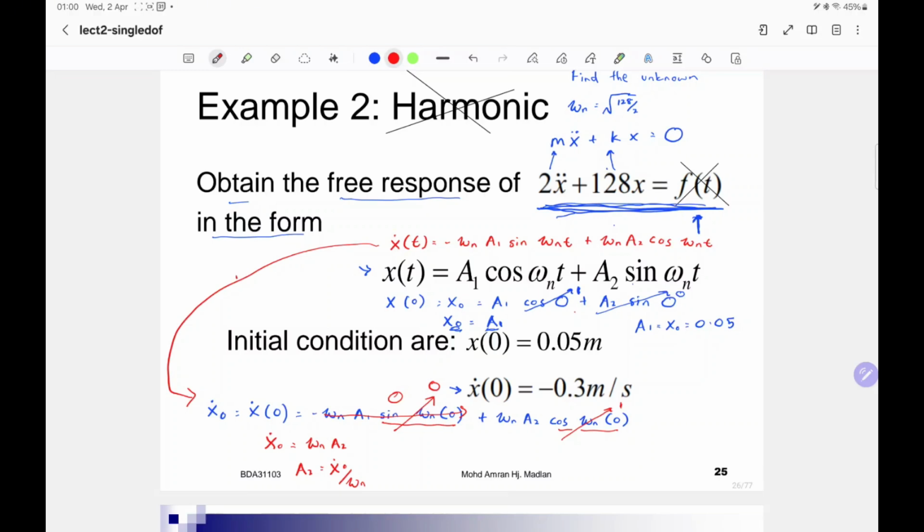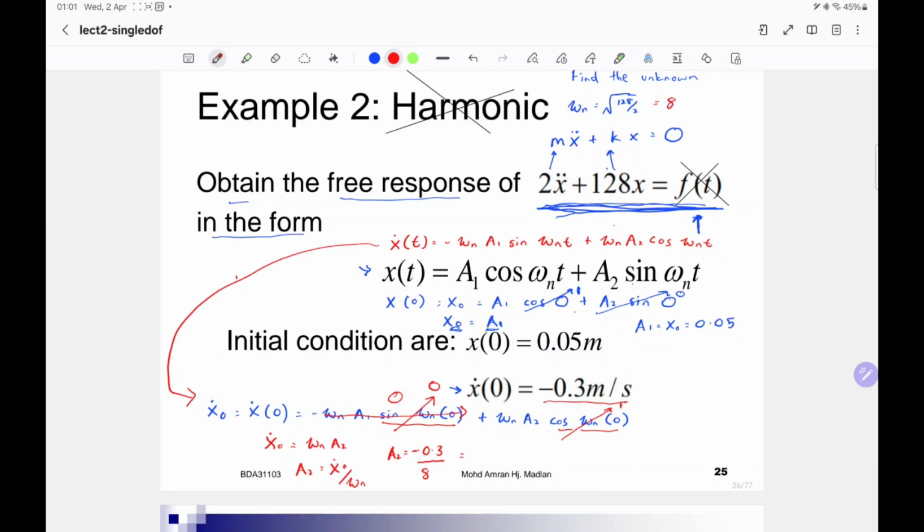So when we apply the initial condition, we know that x dot naught is negative 0.3. So A2 is negative 0.3 over omega n. So omega n is the square root of 128 over 2, get 8.